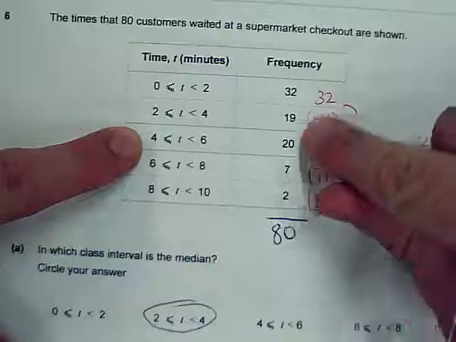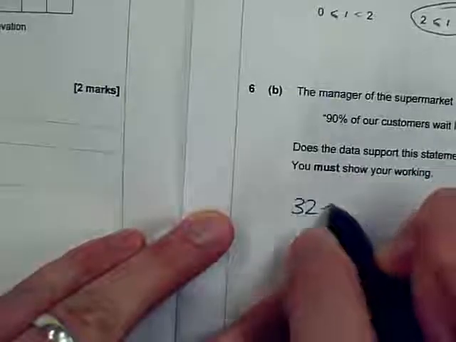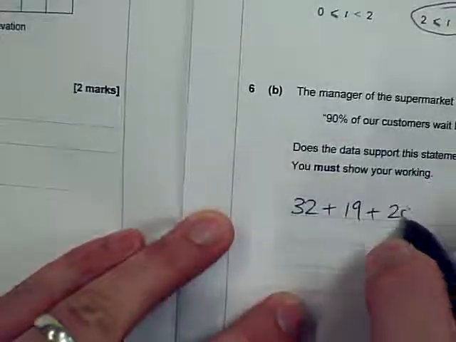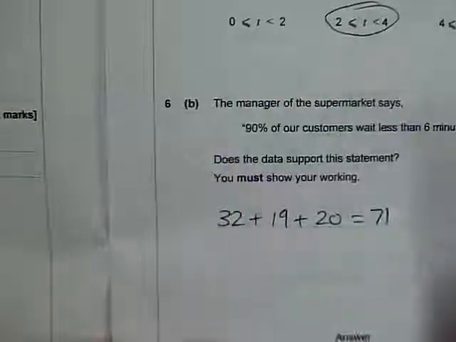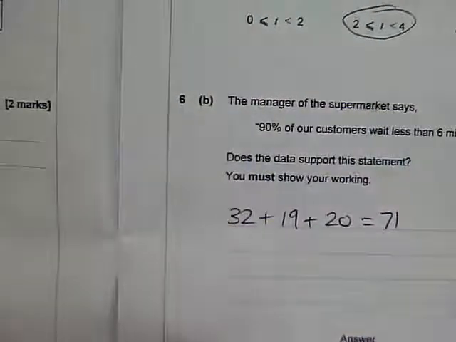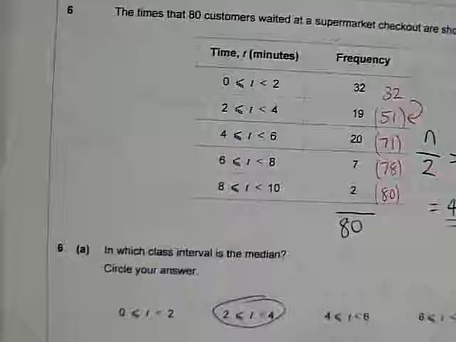So looking at the frequencies, 32 add 19 add 20, on our calculators gives me 71, and we know there's 80 people in total.